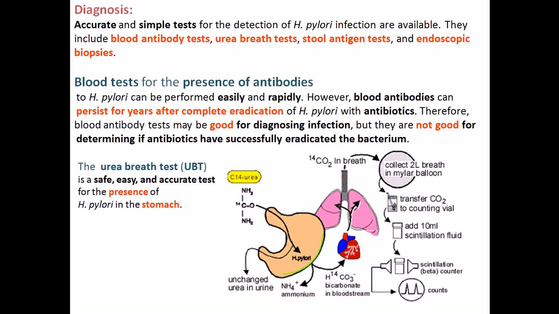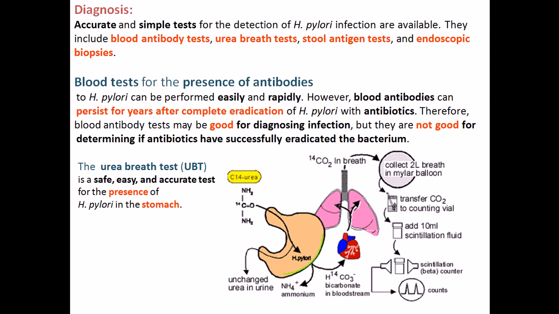Now if this urea is attached with C14, which is the radio label, then the carbon dioxide produced is also radio-labeled with C14. So after taking the urea, the patient will produce radio-labeled carbon dioxide in their breath. If we measure the radio label using a scintillation counter, we can tell that yes, the patient is infected with Helicobacter pylori.